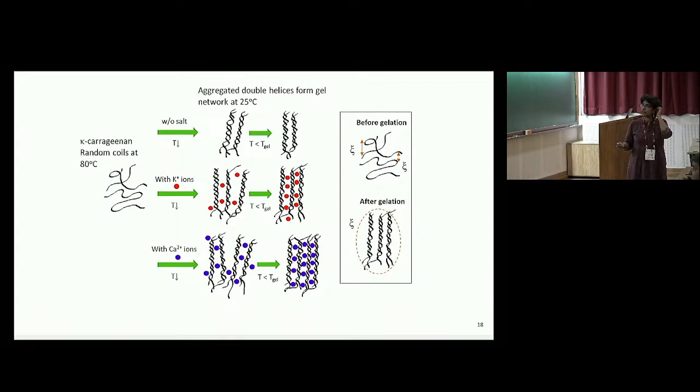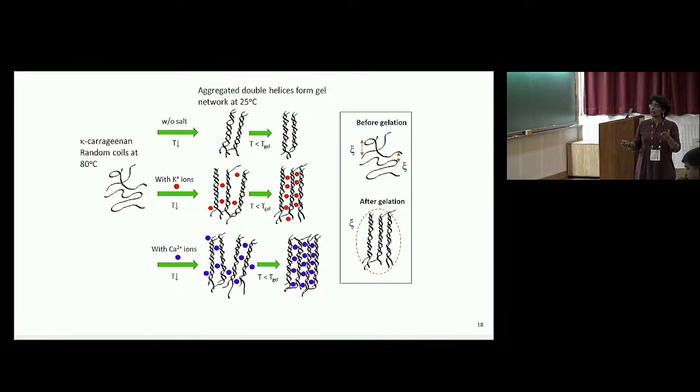So this is the mechanism which we proposed and which we understood from the literature. We have these random coils of kappa carrageenan, and without salt, the helices which it forms start to come together below a certain temperature.